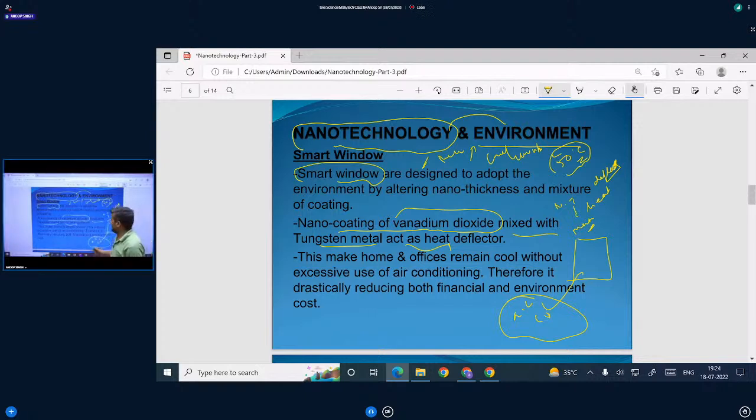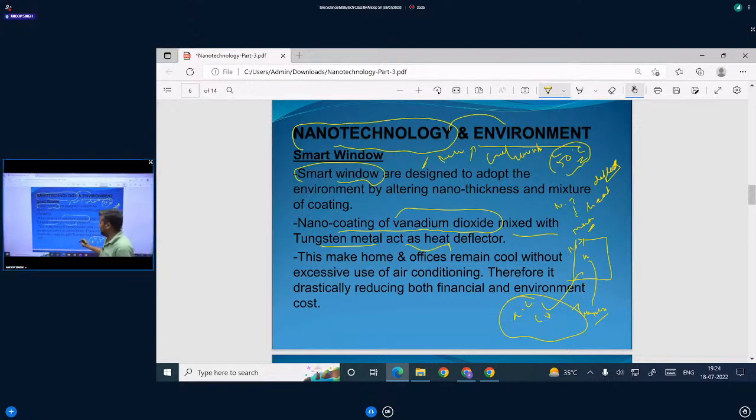And you know very well, these nanomaterial sheets are almost transparent also. So you can easily view outside without any obstacle.